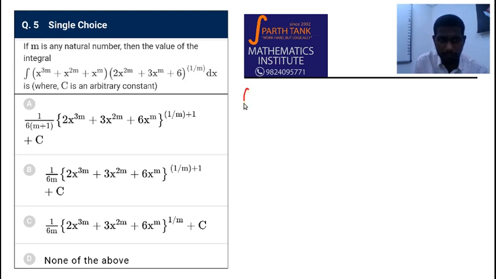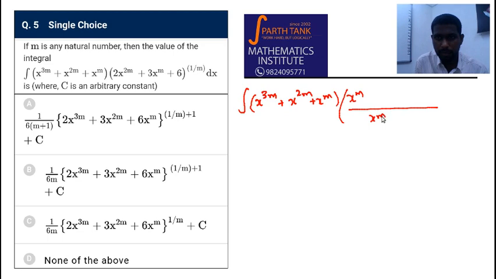To do that, I'm going to multiply and divide the second term by x to the power m. Okay, so x to the power m by x to the power m of all these things, the whole raised to 1 by m dx.